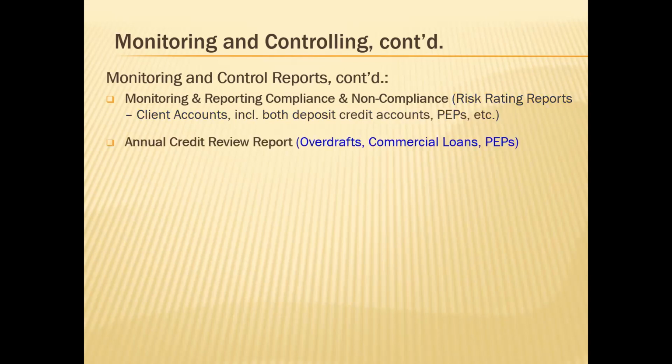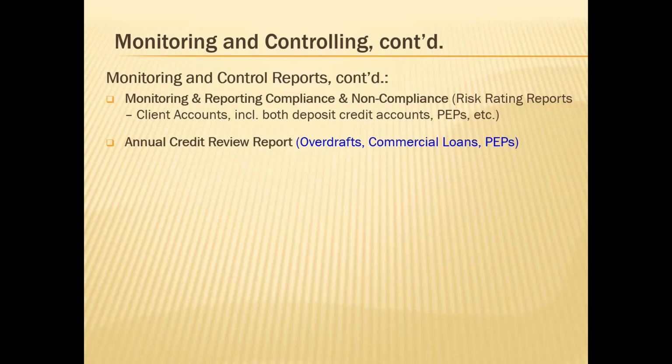And then, of course, I alluded to the annual credit review report. This is separate from just checking the compliance or non-compliance and risk rating reports. This is actually going into the account and doing a full review of the account. If it's a business account, you're looking at their financials. Have you received the financials for the current year? If not, you have to follow up for those financials, or have the account officer follow up.